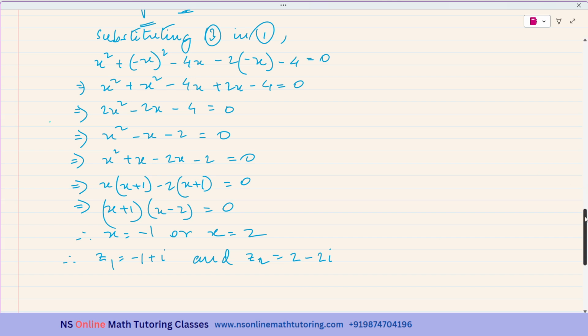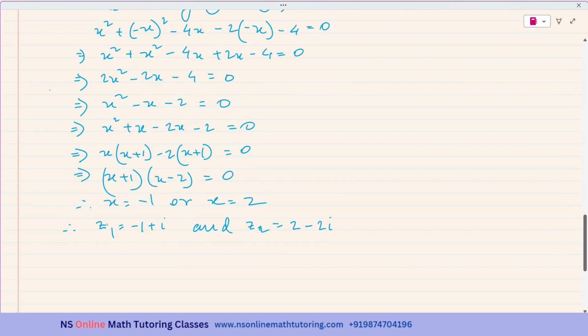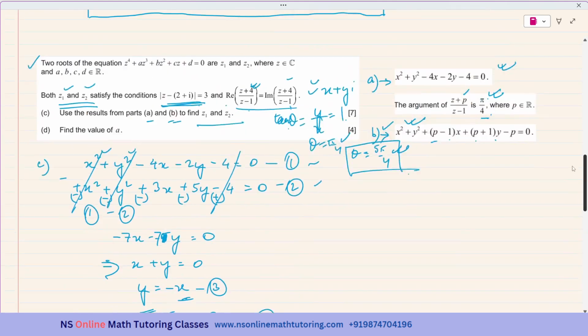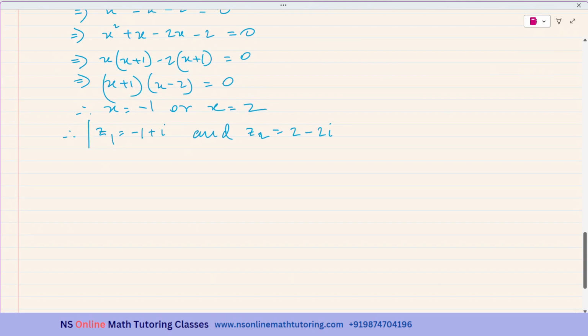These are two complex numbers. Find z1 and z2. They have not given any information about which one to call z1 and which one to call z2. So I have written z1 as -1 plus i and z2 as 2 minus 2i. Okay. So we have solved this subpart C.